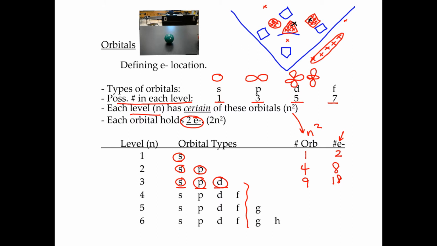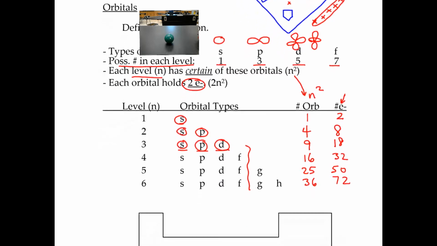But theoretically, you could have more. Level 4 would have possibly 16 orbitals that hold 32 electrons. Level 5 would have 25 possible orbitals that hold 50 electrons. And level 6 could have 36 orbitals, which hold 72 electrons. Again, these are all theoretical, but you should know that those are possibilities.